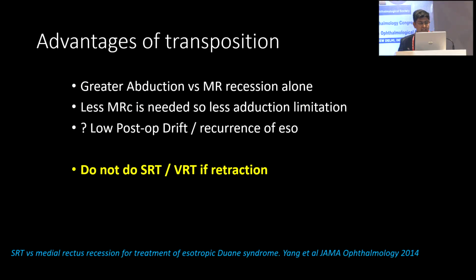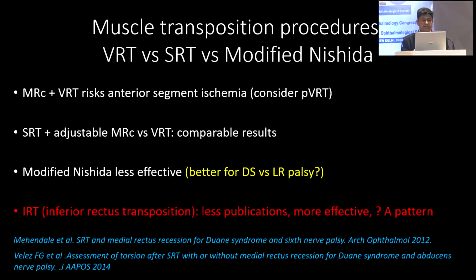So the advantages of transposition are that you get greater abduction versus recession alone, less medial rectus recession is required, so you have less adduction limitation, and possibly you may have less post-op recurrence of esotropia. Do not do transpositions if you have severe retraction, because you're going to worsen the retraction. There are a lot of procedures: VRTs, SRTs, inferior rectus transpositions.